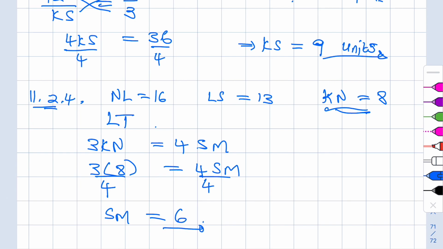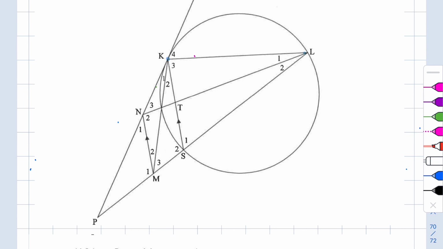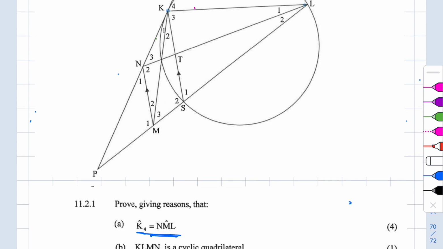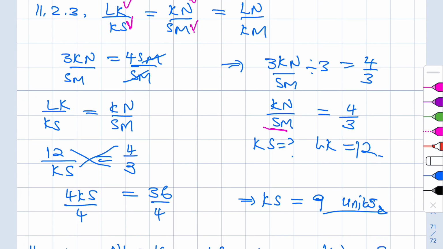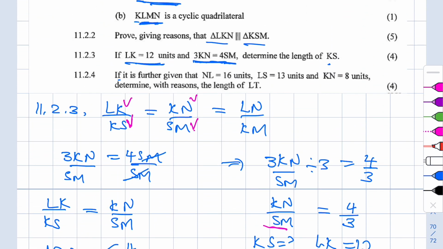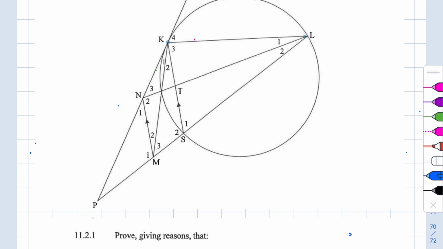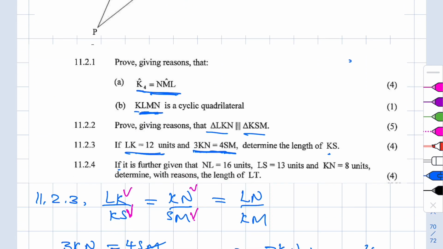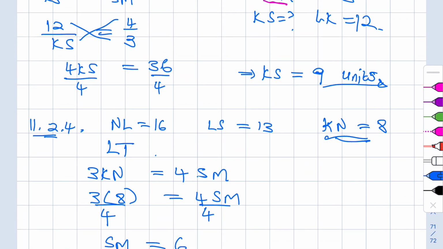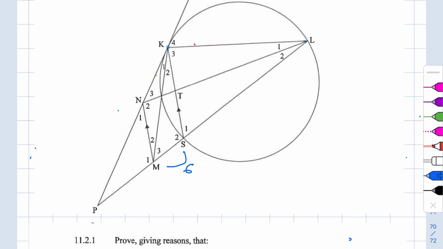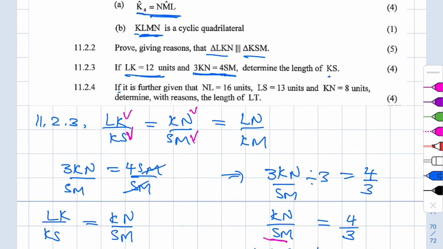Now let us go to the triangles. From here we're going to use the theorem that says line parallel to side of a triangle. So what do we have here? We have SM, which is 6. KN, which is 8 units.